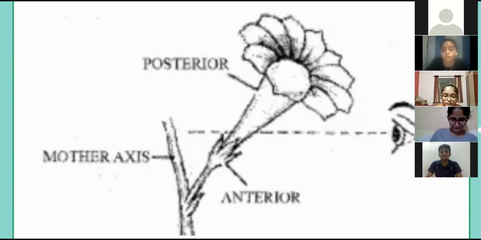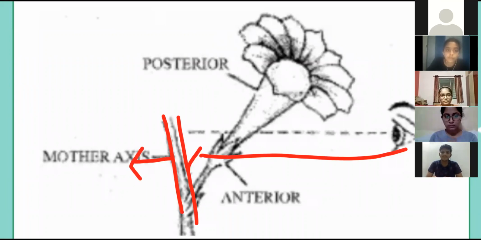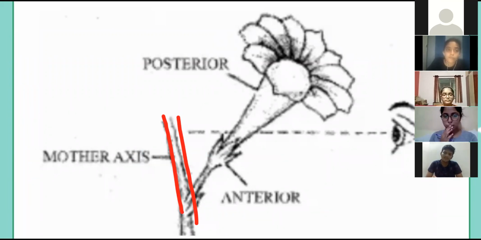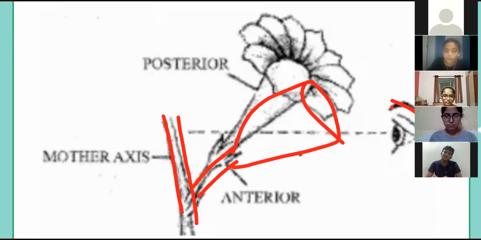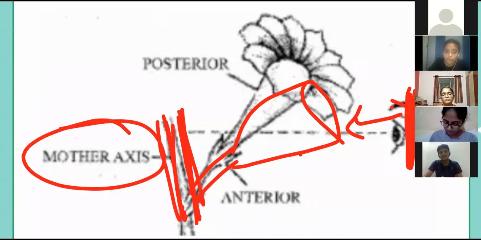Simply, just imagine, assume that you are standing near a plant on which there is a flower. So the plant will be on your front side, here, right? Next, then you are looking at the flower from here, which is in front of you. Over here the person is standing to observe this flower. So exactly opposite to the flower, where the flower attaches to the axis, that we call the mother axis. That one we call the mother axis, right?